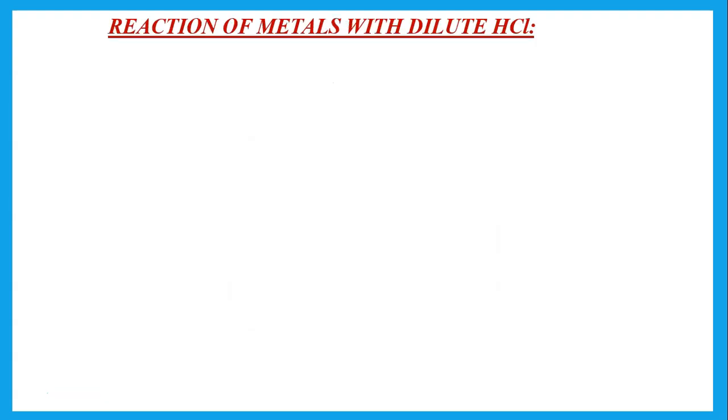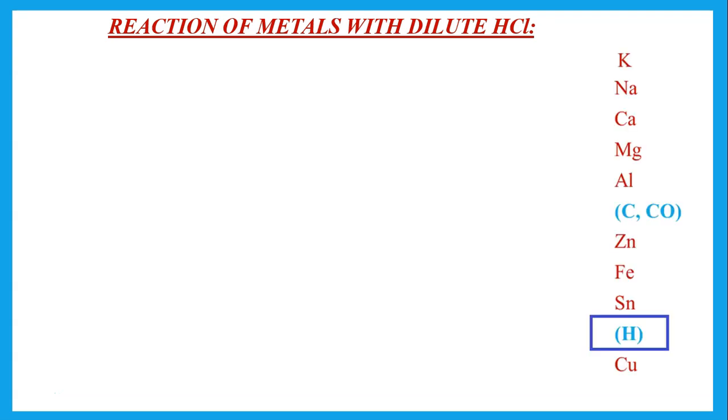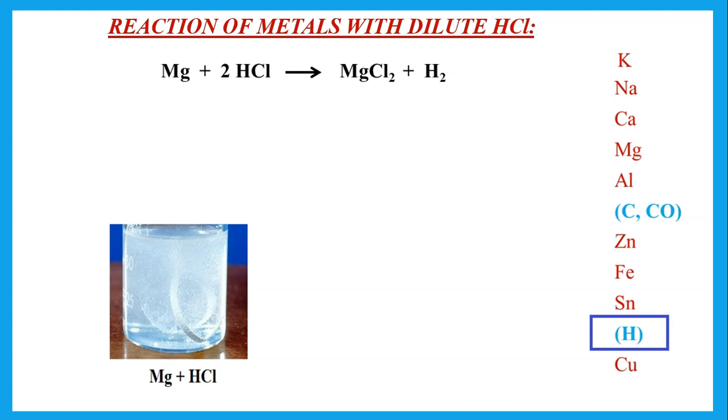What about acids? We said any metal above hydrogen would react with acid. Any metal more reactive than hydrogen would react with acid. So magnesium reacts with acid to give the salt plus hydrogen gas. Remember, the number of bubbles of hydrogen gas, or how fast the bubbles are formed, is an indication of the reactivity of the metal.